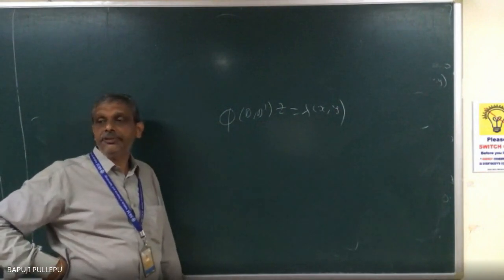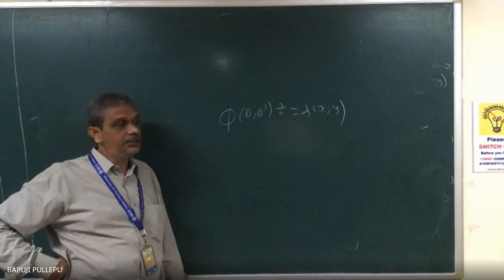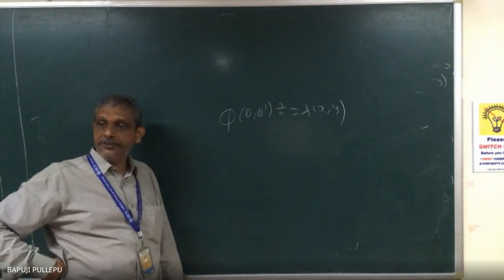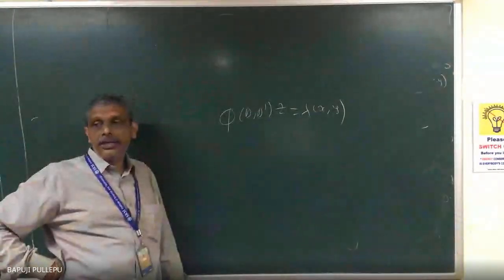How will you get CF? φ1(y + m1x) + φ2(y + m2x) + φ3(y + m3x), and so on.